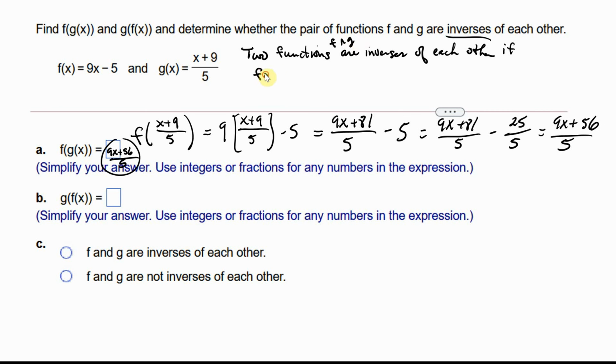If f composed with g evaluated at x is equal to x, and g composed with f evaluated at x is equal to x. Here, I don't get x, right? So they are not inverses of each other. So you want to watch out for that.